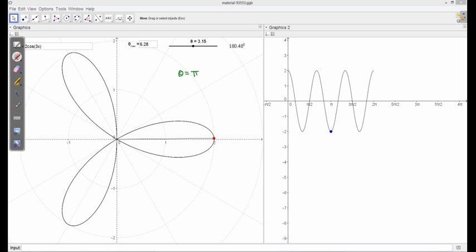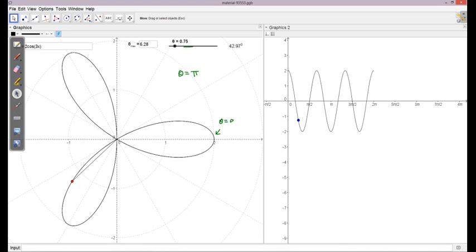But if we want to do this first petal, you'll see that the dot starts out in the middle of the petal at theta equals 0. Then it moves up and along, gets to the center, and then it moves to the second petal, which is a problem because we only want to look at the first petal.